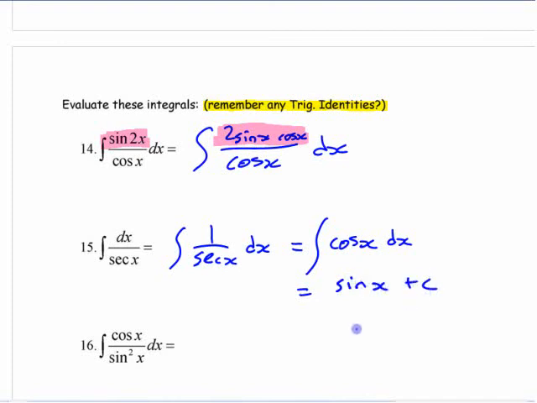Plus a constant. Okay, and then this one up here, once you use that trig identity, you can cancel things just like before, right? The integral of 2 sine x dx, and then you could make it 2 times the integral of sine x dx, which is, what is that?